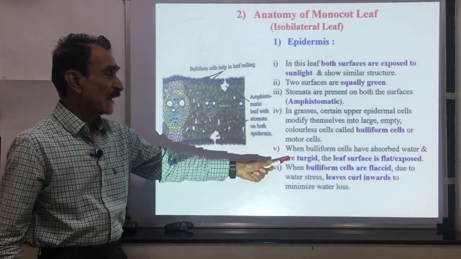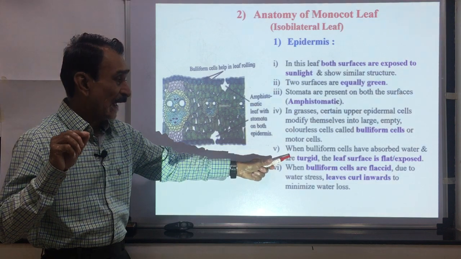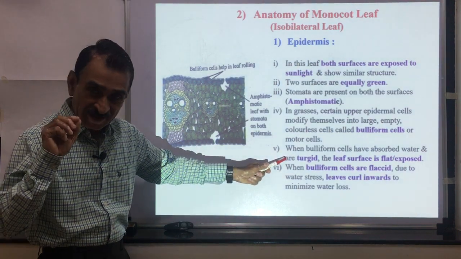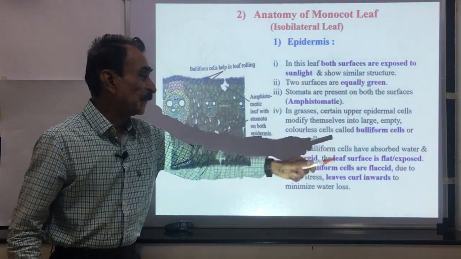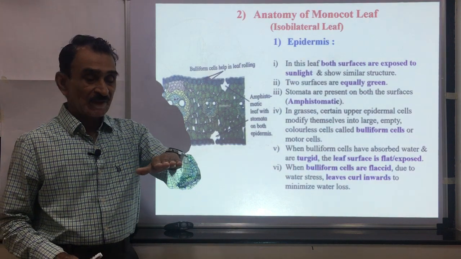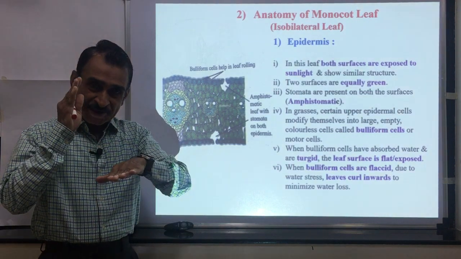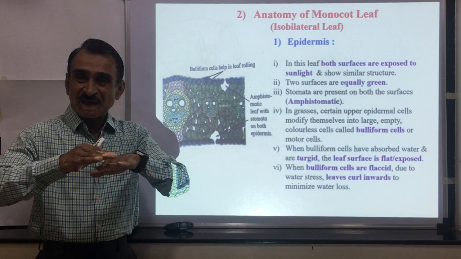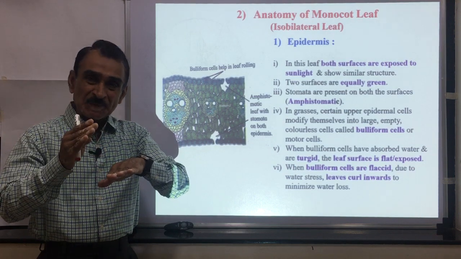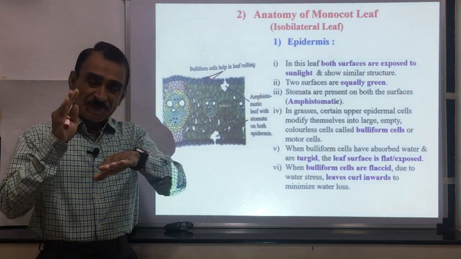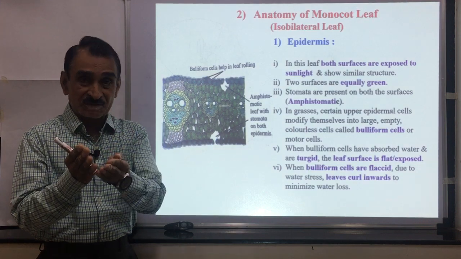When bulliform cells have absorbed water, when they are turgid and contain abundant water, the leaf surface is flat. When bulliform cells lose water and become flaccid, the leaf curves.